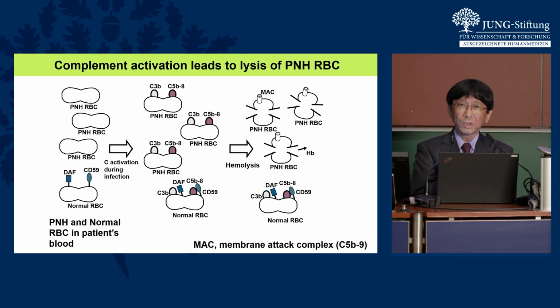But on the PNH red cell, there is no regulation, so the activation leads to the generation of the membrane attack complex, and then water comes in through the channel of the membrane attack complex, which leads to hemolysis and the release of hemoglobin, causing hemoglobinuria. So this is the mechanism. The intravascular hemolysis by complement is a major problem of patients with PNH.